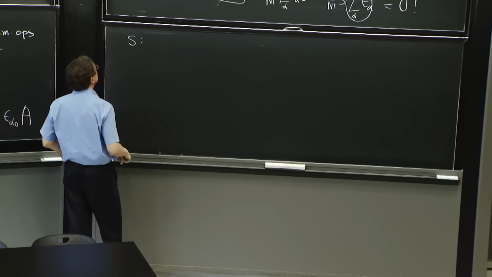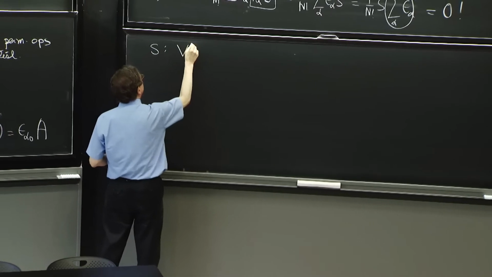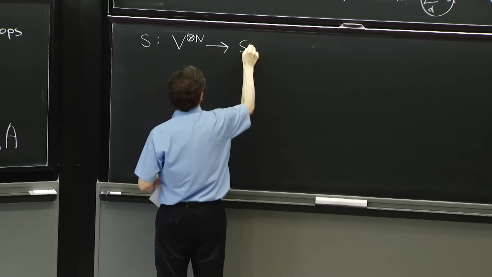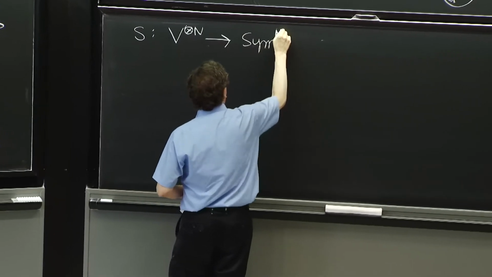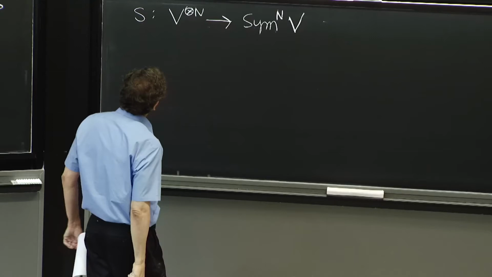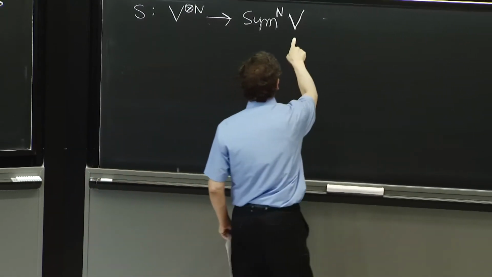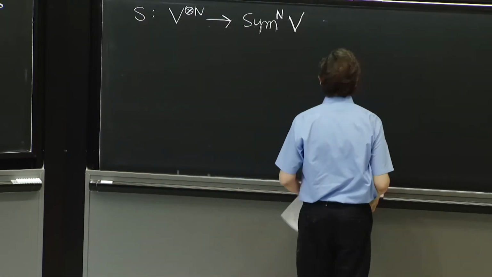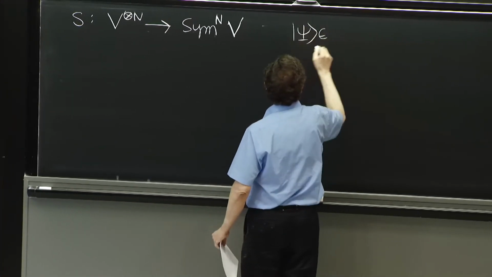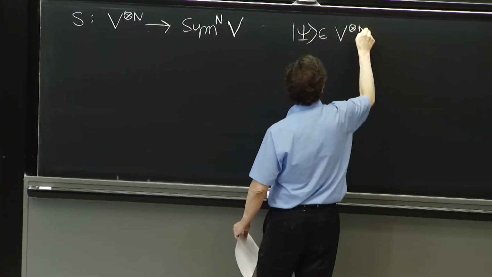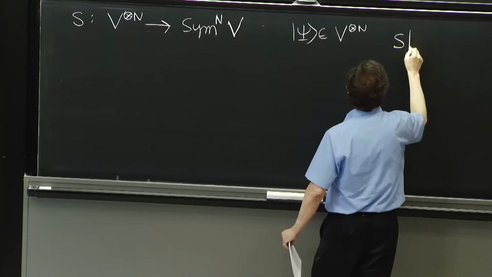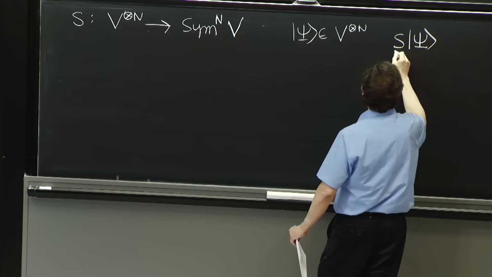S takes V tensor n to Sym n of V. It's a projector to the symmetric states. Why is that? Well, take a psi belonging to V tensor n, then consider S on psi.